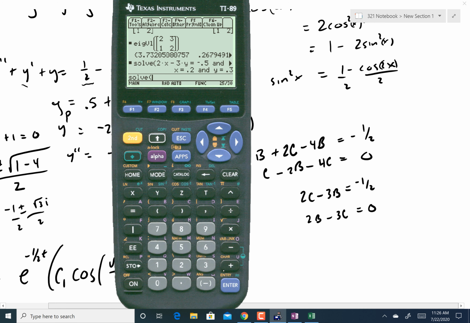So that's just weird. I don't know. Let's go x plus 2y minus 4x equals negative 0.5 and y minus 2x minus 4y equals 0.